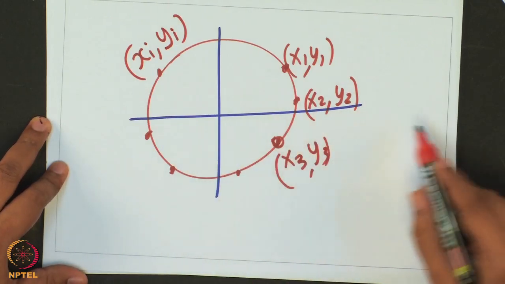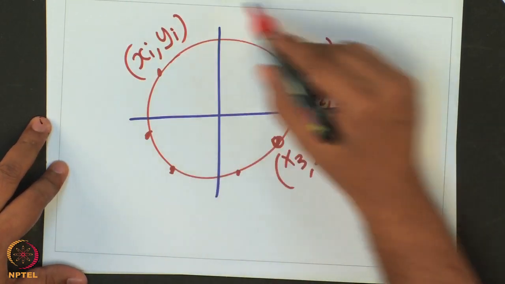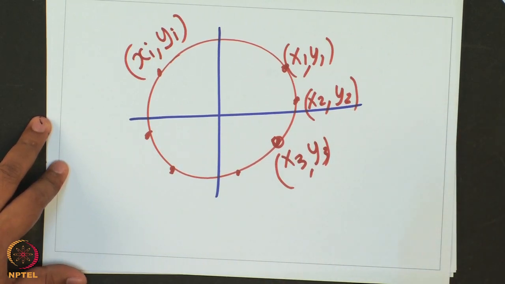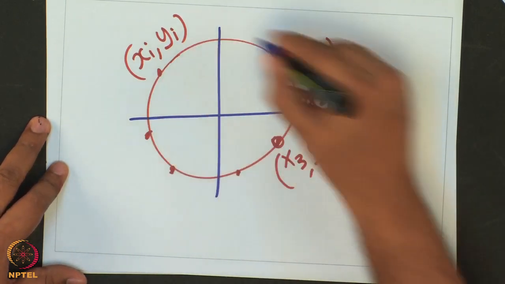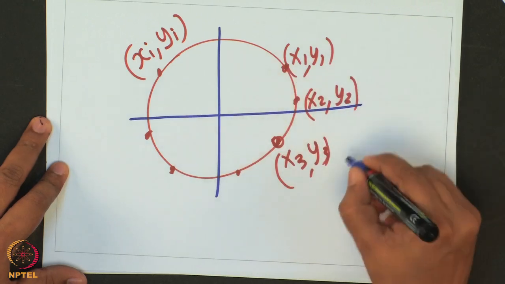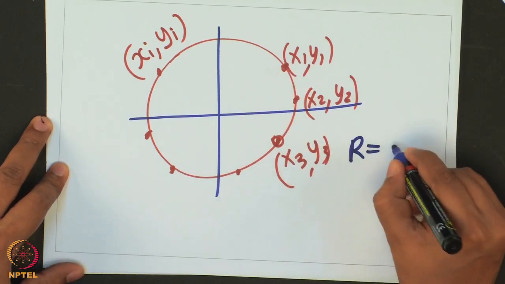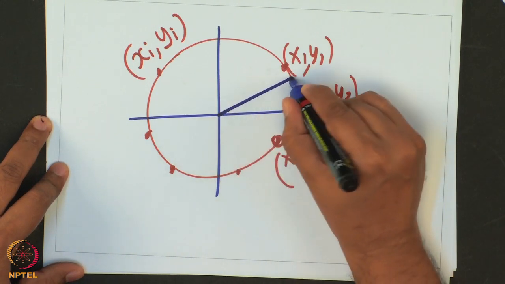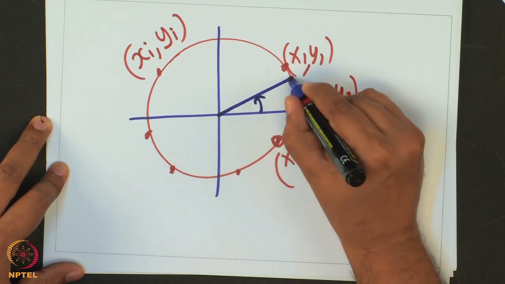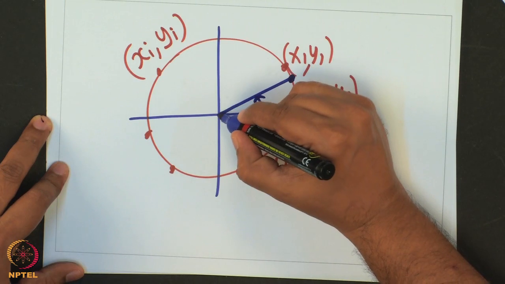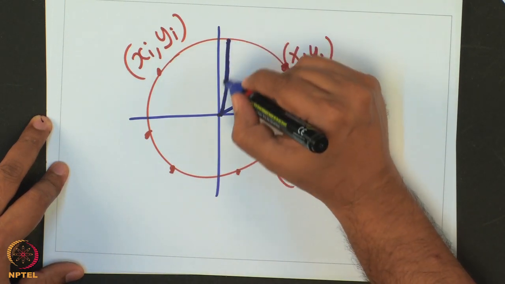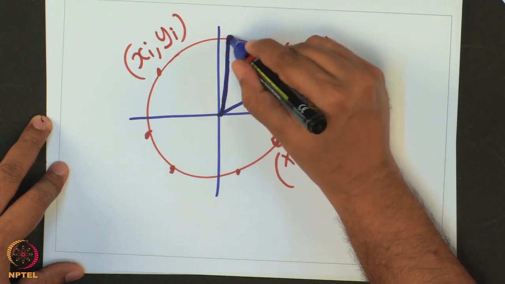Every point along the circle will have a different x value and y value, but the radius r is same everywhere. So r is same, and only by specifying theta, if theta is 10 degree, this would be the point. If theta is close to 90 degree, like say 80 degree or 85 degree, this would be the point.